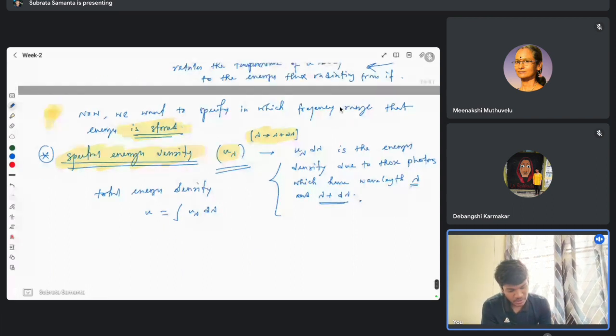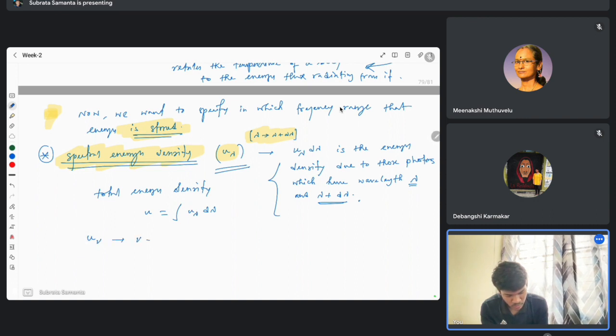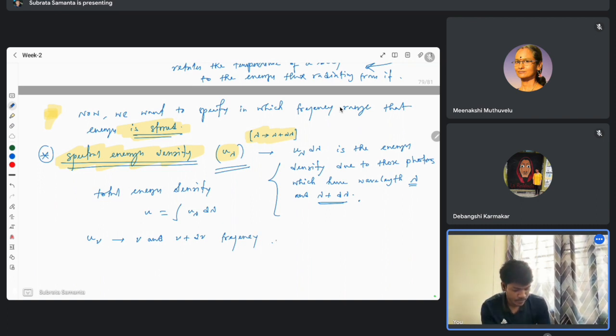In a similar way we can also define u nu, where the range is nu to nu plus d nu in frequency.